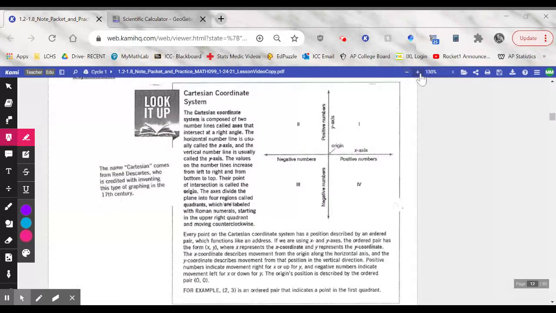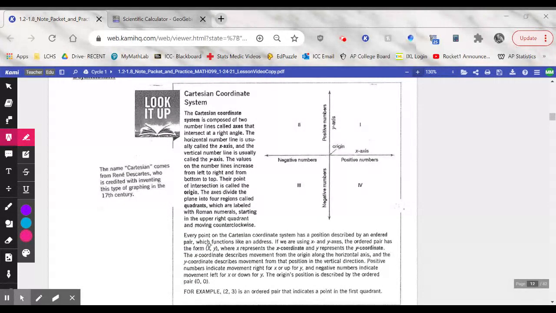All right, so we're going to first look at this box. It's something that's really important here. Our Cartesian coordinate system is composed of two number lines that intersect at a right angle. And just like we talked about, one is vertical and one is horizontal. The horizontal number line is what we call the x-axis. And so that's this one right here. The vertical line is called our y-axis.